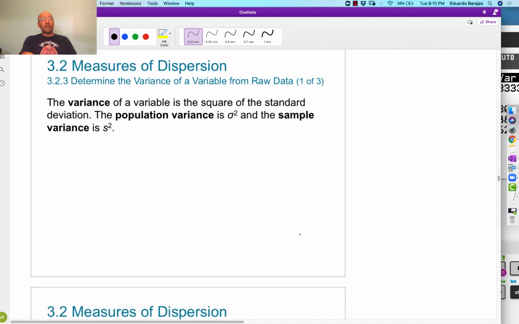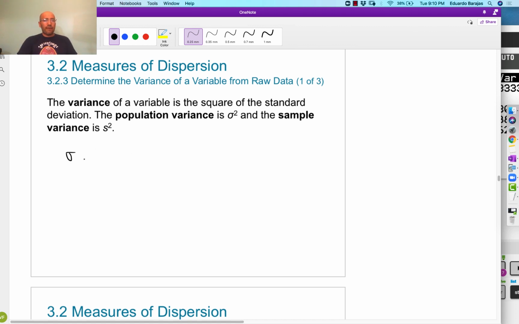Okay, we're going to look at something else called the variance. The variance of a variable is the square of the standard deviation. So all you have to do is find the standard deviation and square it. Well, the formula for the standard deviation involves a root, right?